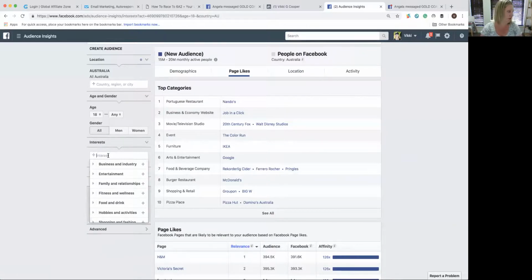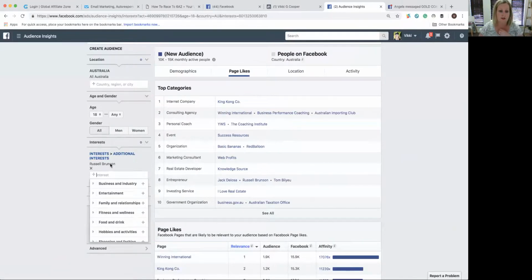So, for example, if I put in Russell Brunson in Australia, the following is only 10 to 15,000 people. So I personally wouldn't target any of my ads to Russell Brunson because it's not going to get you on many news feeds.